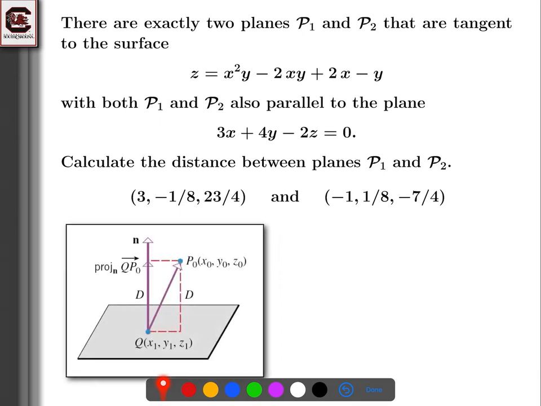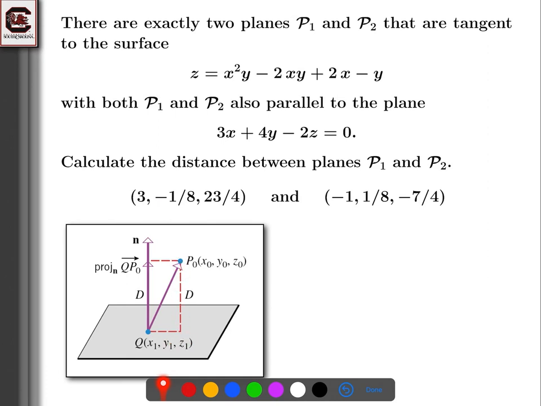So let me draw a picture here that we used before. This point is the point corresponding to this point on P2. And Q will be this point here on the plane that we want, this plane P1. We're trying to find the distance from the point on P2 to the plane P1. So we want to know this distance.